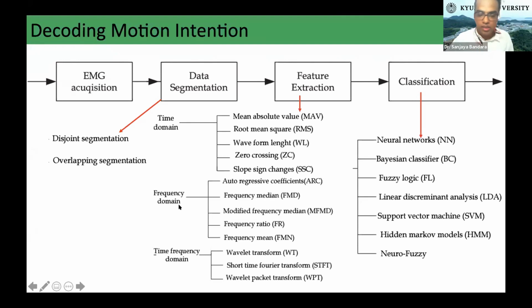In the frequency domain, the EMG signal you saw has some kind of frequency inside, which is internally changing, so we are also interested in this information. And lastly, the time-frequency domain, from which we can get information related to both the time series and the frequency changes. Then we forward these extracted features to the classification technique.